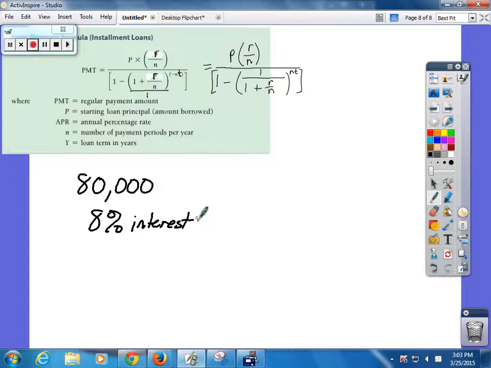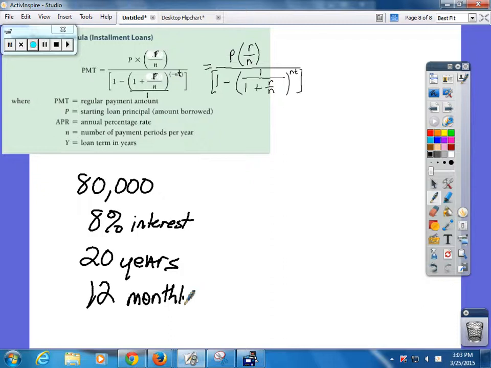Most houses are either 20, 30 years, so we'll say 20 years. And we all know what kind of payments we make. What are they called? Monthly payments. Crack it out.